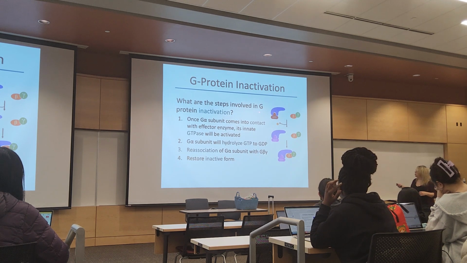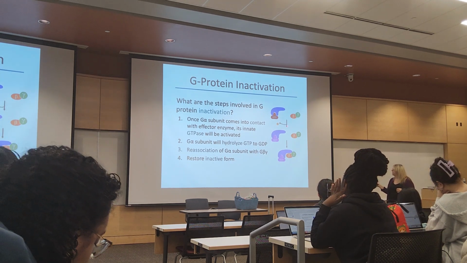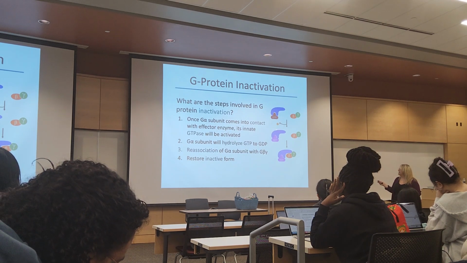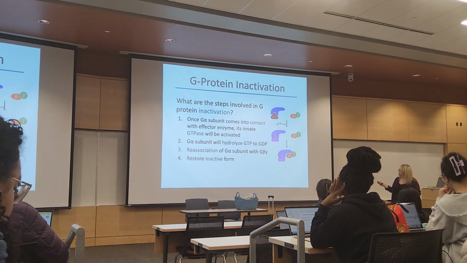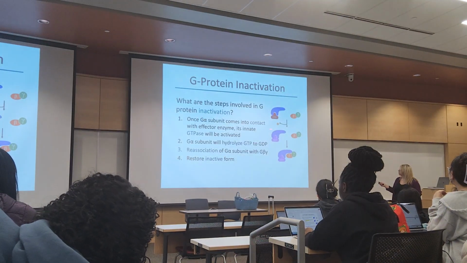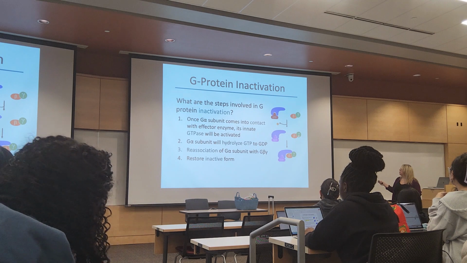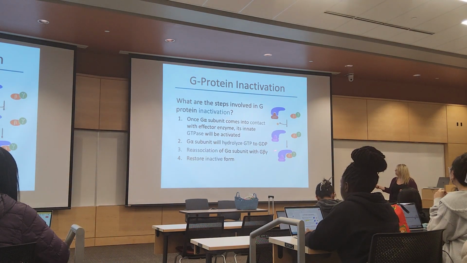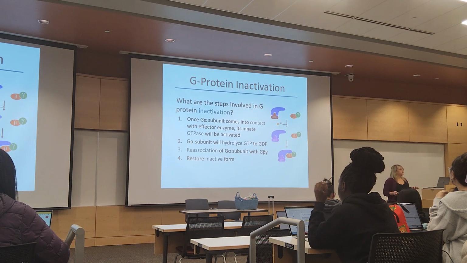So once you have that hydrolysis occurring, you lose that phosphate group here. You now have the GDP-bound inactive form, and that is going to lead to a conformational shape change that will allow the reassociation of this heterotrimeric protein complex here. It's now in the inactive form.